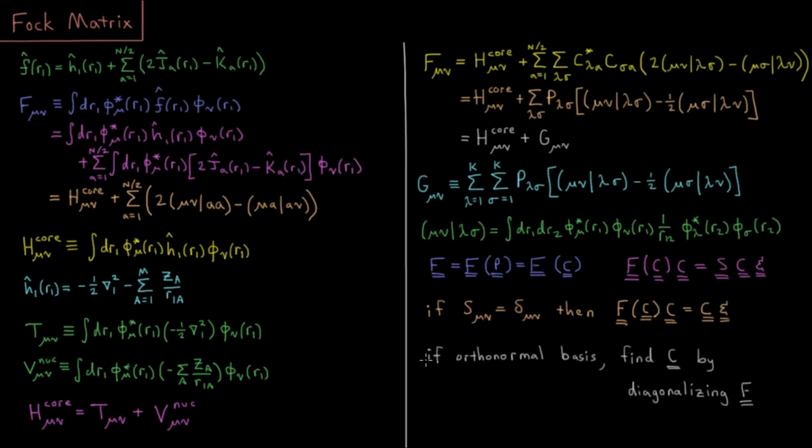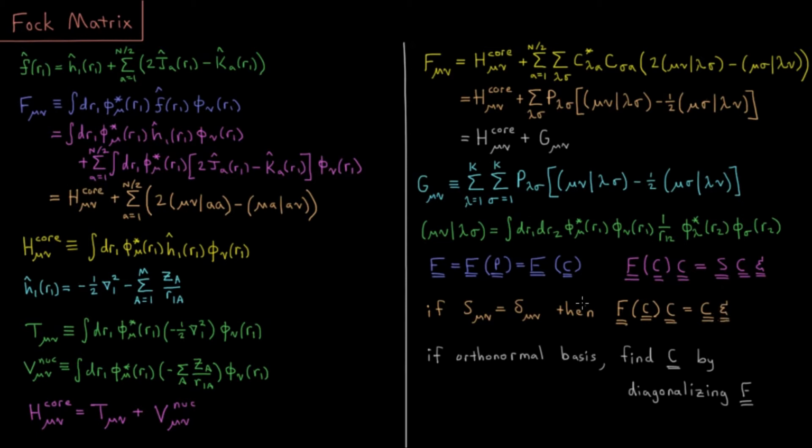So if we have an orthonormal basis set, in effect what we can do is find the coefficient matrix by diagonalizing F. So if we can diagonalize this F matrix, then all that's going to be left over here is the C matrix and the epsilon matrix.